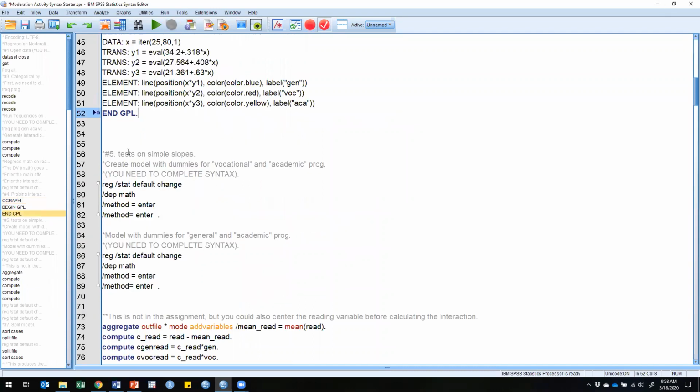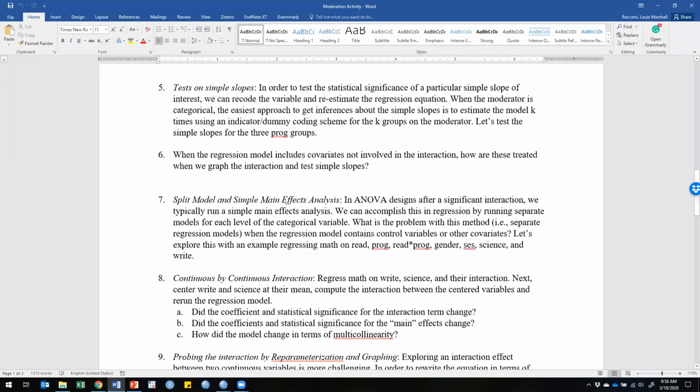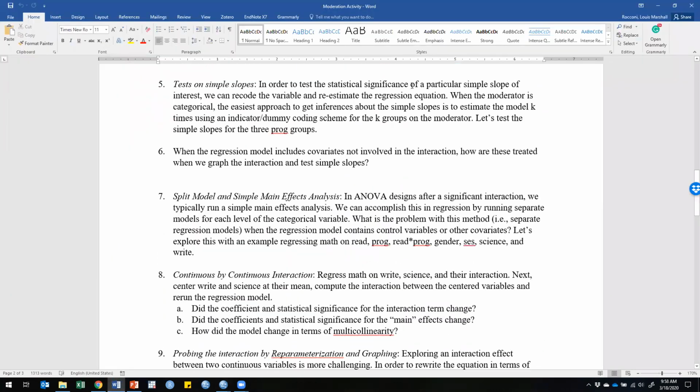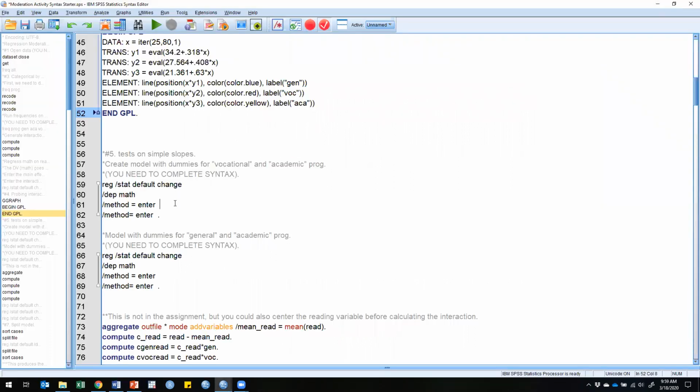So to test our simple slopes, I think that's number 5 here. We're just going to recode the variable and just re-estimate the regression equation. When the moderator is categorical, the easiest thing to do is just switch out the reference group k number of times. So that's what we're going to do right here.